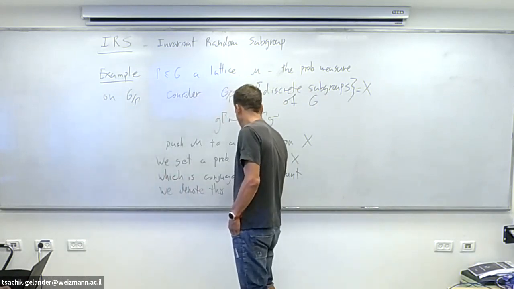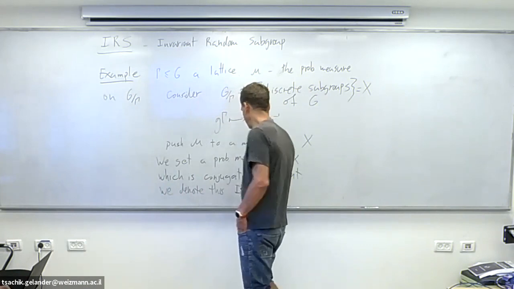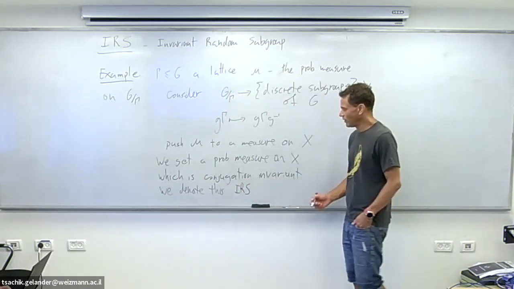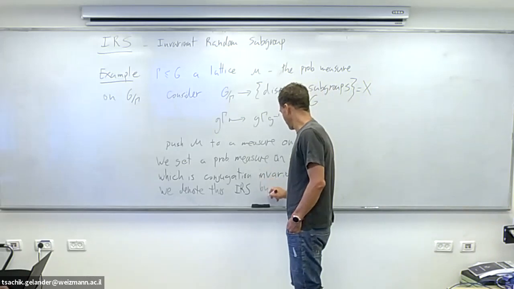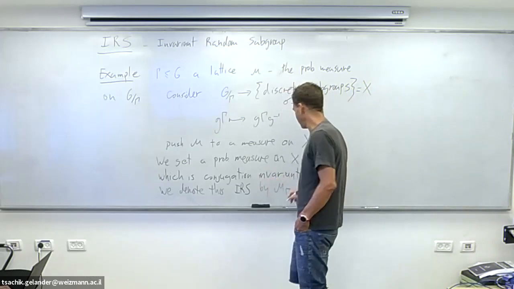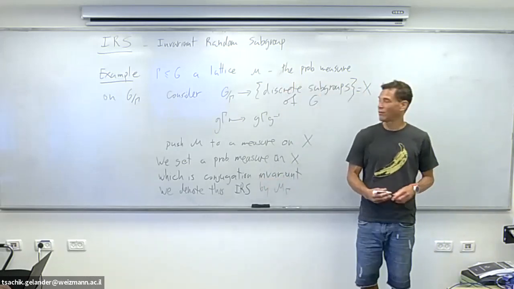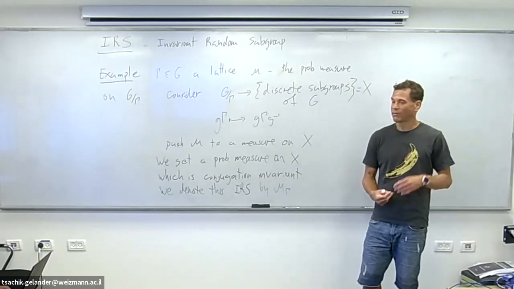We denote this measure, let's call it IRS, although I still didn't give the formal definition, by mu gamma. Mu gamma is the IRS corresponding to a lattice gamma, and a conjugate of gamma will give me the same IRS.